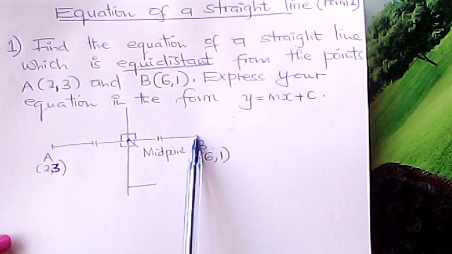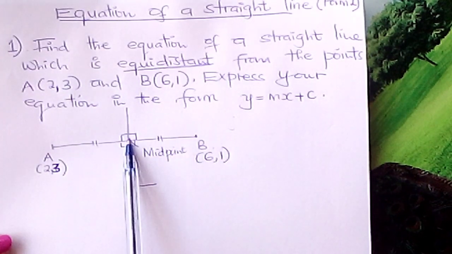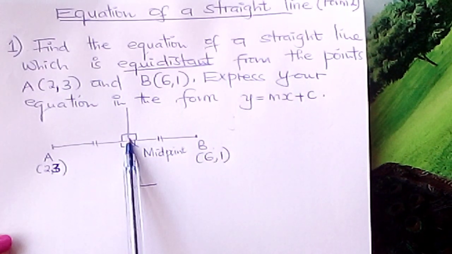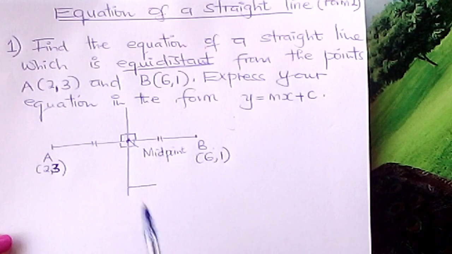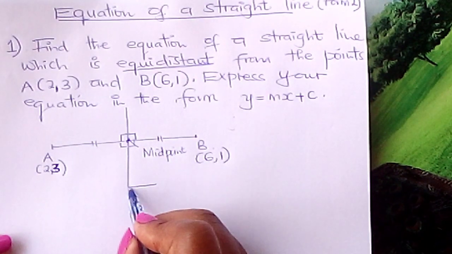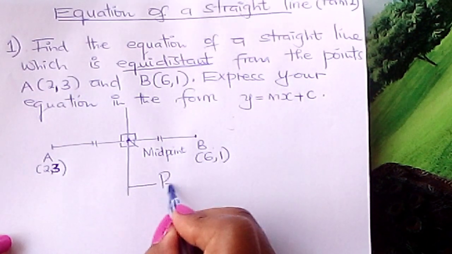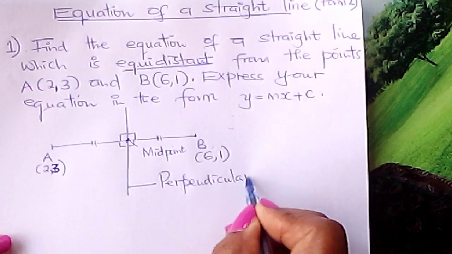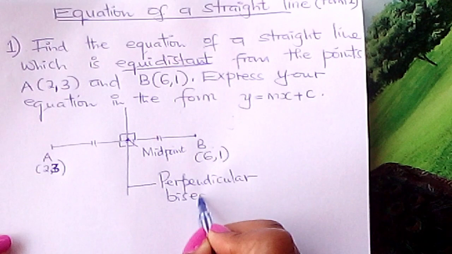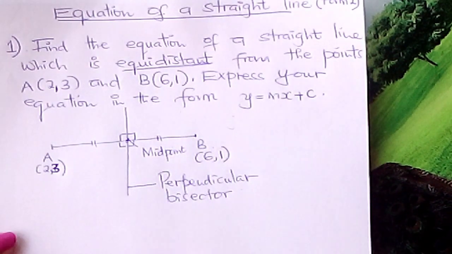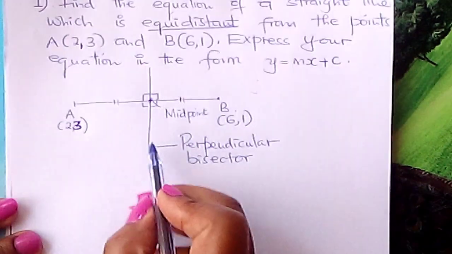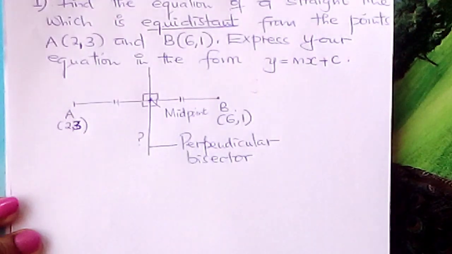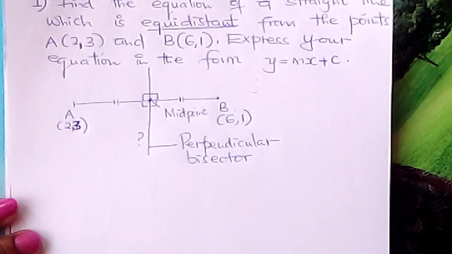From here to here, and from here to here, the distance is equal. No wonder the term equidistant. So this line here, which divides that line, is called a perpendicular bisector. Learner, perpendicular bisector. So, we are being told to find the equation of this perpendicular bisector.